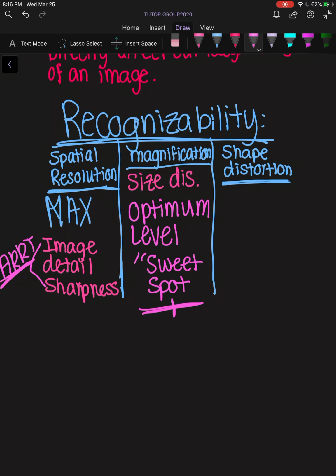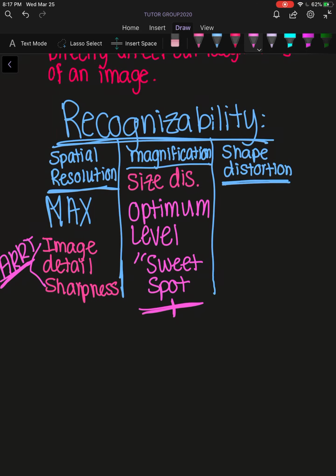You don't want too much, you don't want too little. And also, magnification isn't always good. We don't love it, but it's something that we have to deal with. But we can also use magnification to our advantage, such as when you have a small body part that you need to be able to see on an image, to visualize and recognize on an image, we can use magnification in our favor.